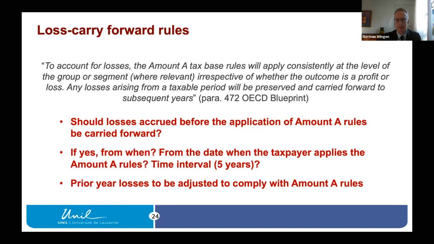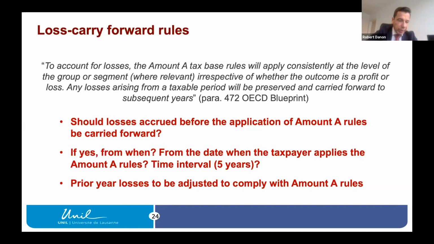Of course, source states or market states are arguing for not considering them, or not considering them for a long period, because if you take pre-regime losses into account, then it will reduce the Amount A allocation, obviously. So the negotiations are ongoing, and if yes, for how many years they will be included.